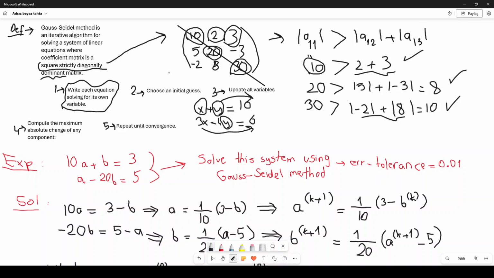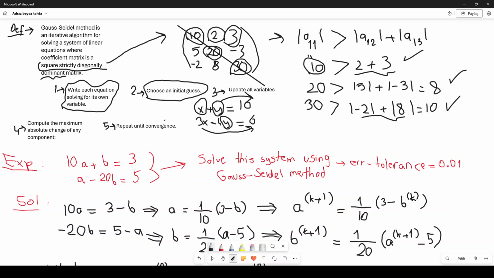And the second step, since this is an iterative process, I need a start point, which is called the initial guess. So if I have 2 unknown variables, then I will have 2 values for the initial guess. If I have only x and y as my unknown variables, then I need to start them with some values. This is either a predefined value, or we just take the initial guess equal to zeros for all unknown variables.